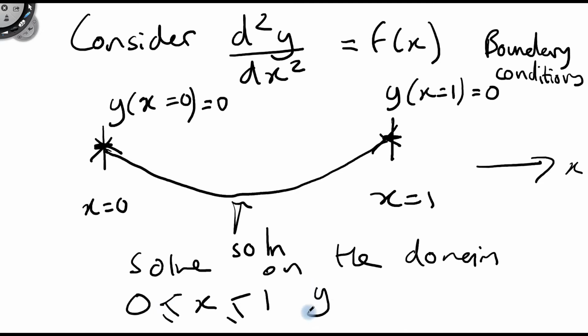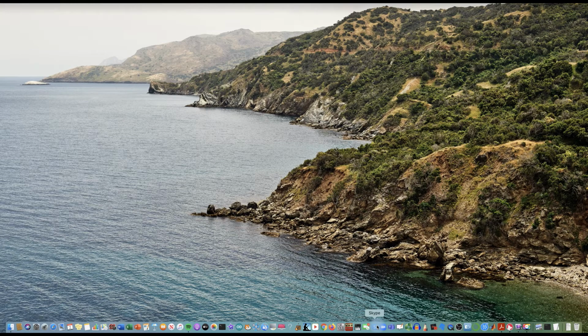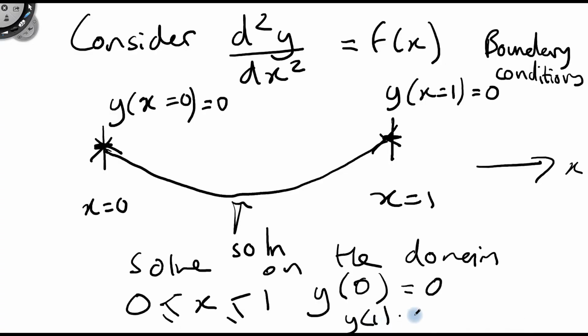So we're going to have y at x equals 0 is 0, y at 1 equals 0, too.